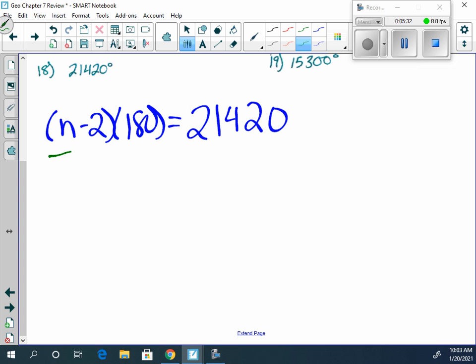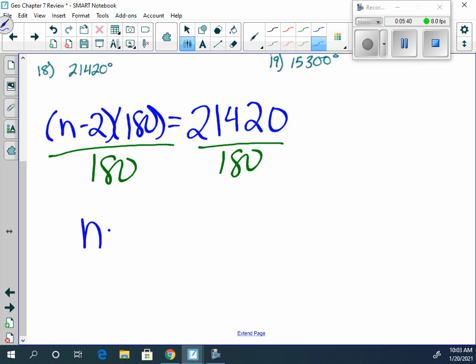Now to find how many sides it would have, well, the first thing I would do is divide both sides by 180, which would give us n minus 2. I'm going to work a little bit backwards. And if we divide this, we should get 119. Would you all agree with that there? And then what would we do lastly?